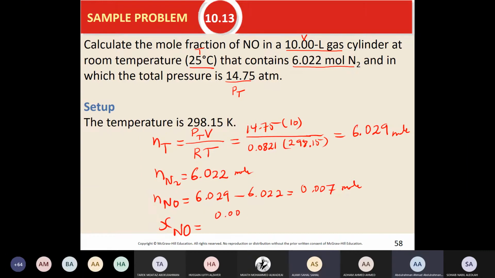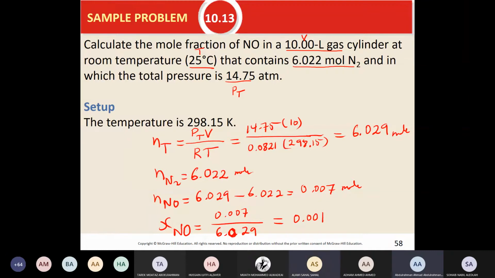0.007 over 6.029. Exactly. And give me an answer. 1.16 times 10 to the power minus 3. So it's 0.001.